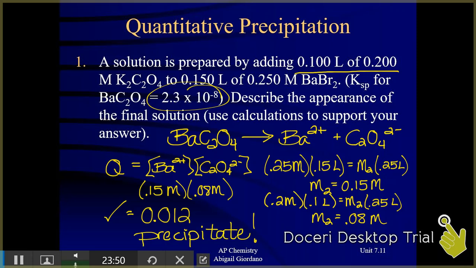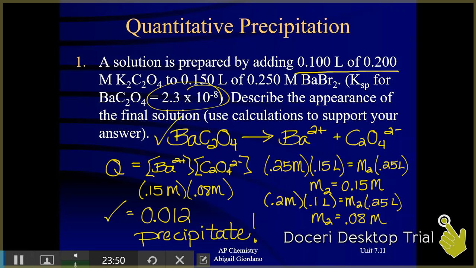And that's what you'll be asked to show. This would be a free response question. Show calculations to indicate how you know if a precipitate will form, yes or no. They have to give you the KSP value, and whatever compound they give you the KSP value for, that's the compound you want to focus your attention on.